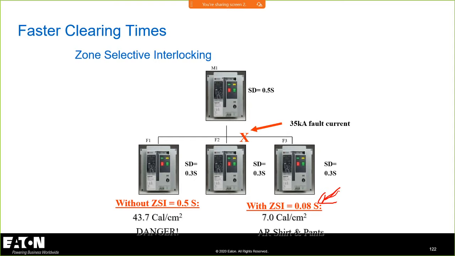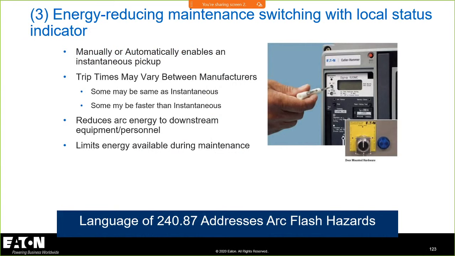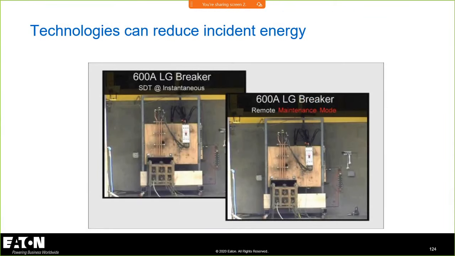It changes the amount of damage to that equipment. Zone selective interlocking is a very important value prop that we get because of the brains that we put in these devices. The arc reduction maintenance switch is another big value prop, and then we have a little video to help describe and show the value of that.